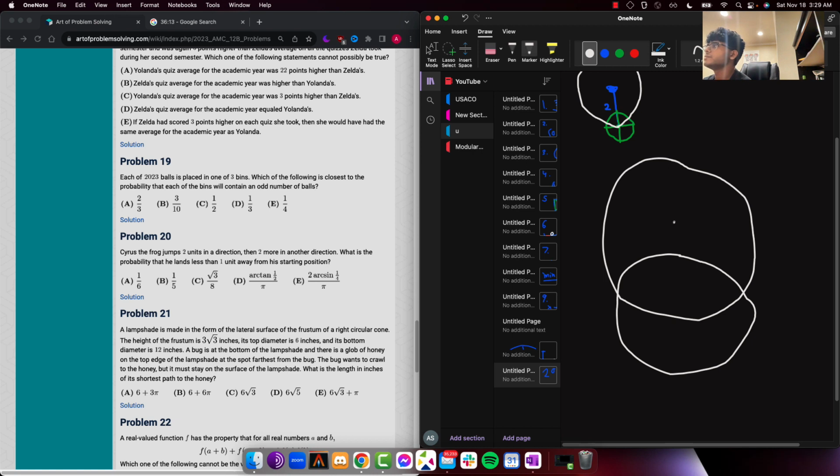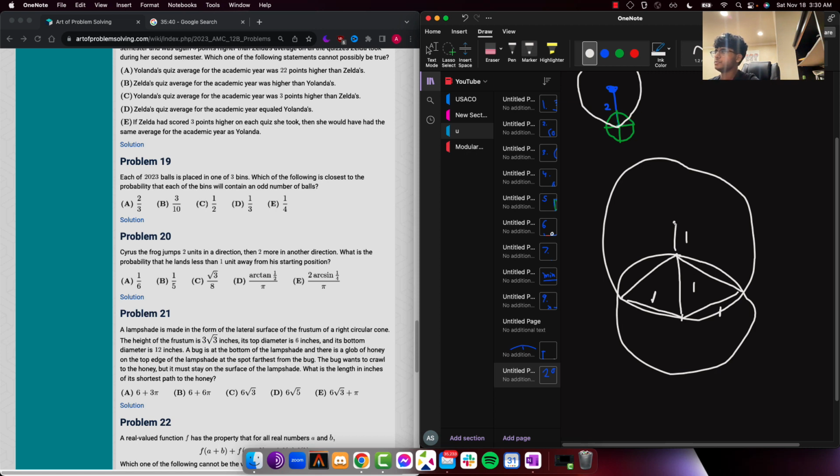Okay, this is 1, this is 1. What we have here is some triangles. We know both of these are 1 actually, or all of these are 1.